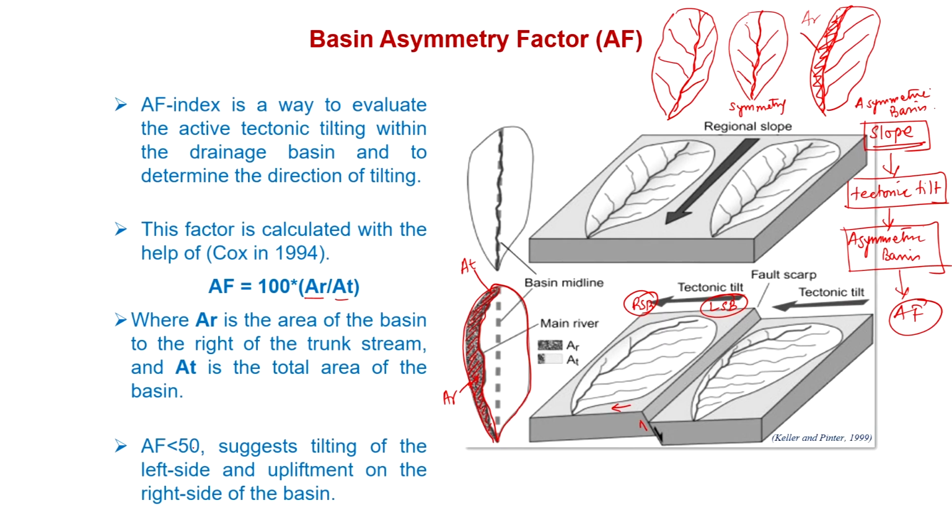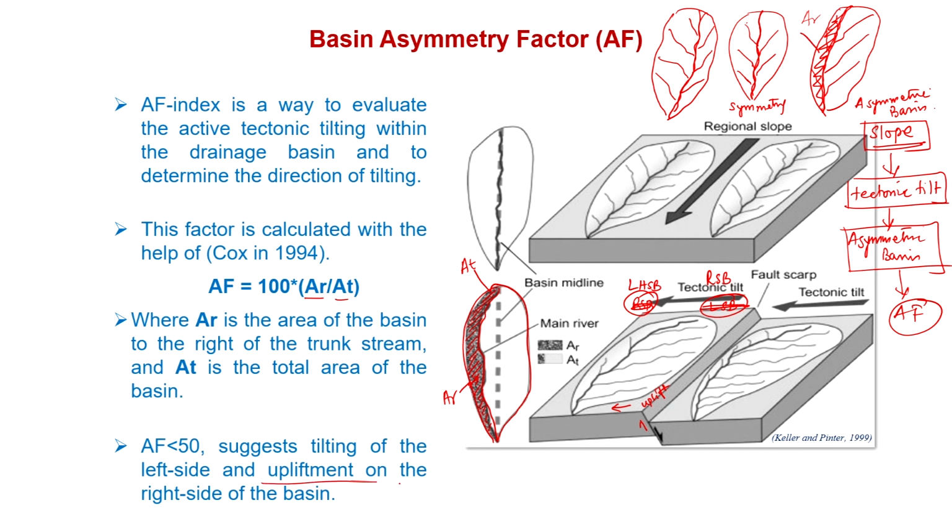Okay. So, if you look at the AF, if the value is less than 50, it suggests the tilt of the left hand side and uplift on the right hand side of the basin. So, basically you are talking about the right hand side of the basin here, and this is your left hand side of the basin. Okay. So, this is the uplift here.